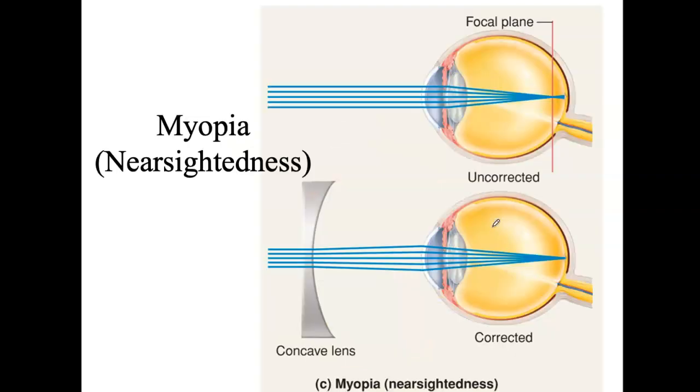Look what happens. In nearsightedness, myopia, that focal plane is here. So it's ahead of where all these neurons are. And this is going to make for a fuzzy picture.